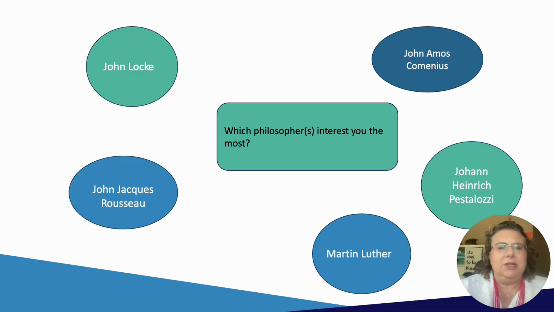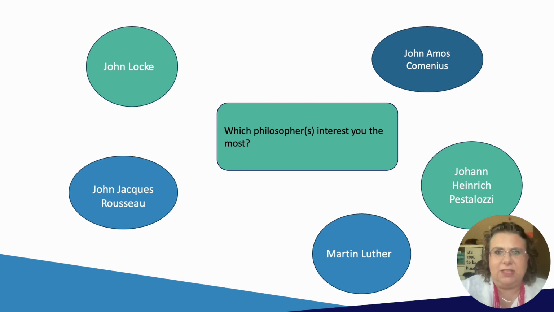So as you were reading through the text, we talked about various different philosophers who weren't specifically thinking about early childhood education. We were talking about John Locke and Rousseau and Comenius. I always have a hard time with his name. Martin Luther.